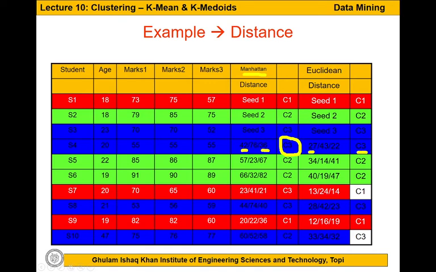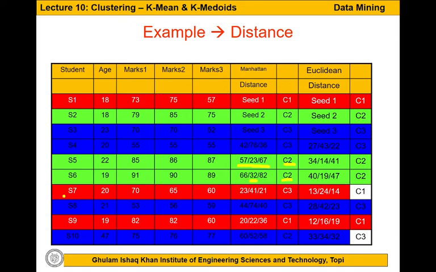The same goes for S5: the minimum distance is between S5 and cluster 2, so it is assigned to cluster 2. Similarly for S6, the minimum distance is to cluster 2, so it is assigned to cluster 2.